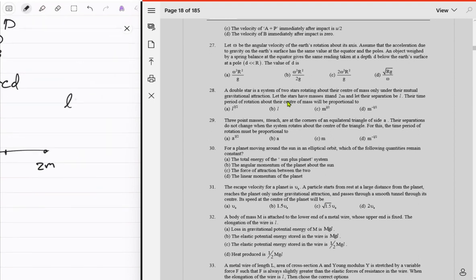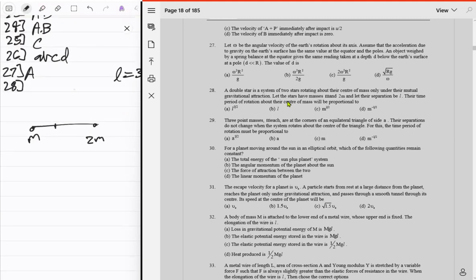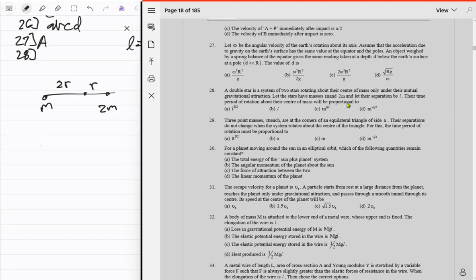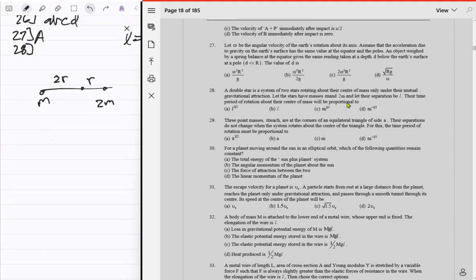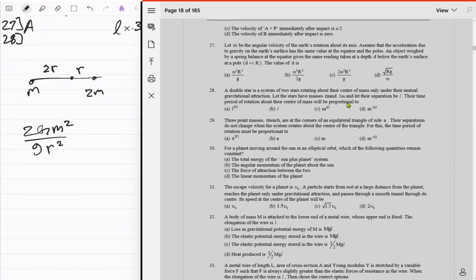So L is equal to 3r, where this distance will be r and this one will be 2r. The time period of rotation about the center of mass will be proportional to what? The force is G m times 2m upon 9r squared.